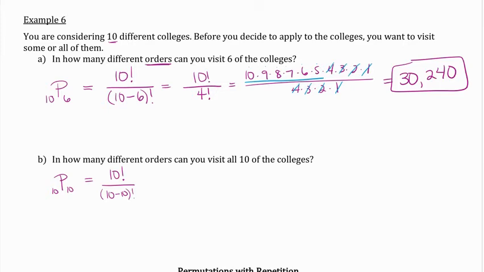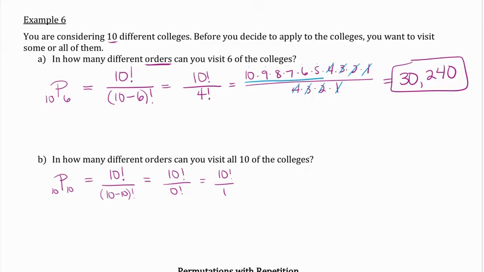Now here's something that's a little bit tricky. That's 10 factorial over 0 factorial. If you put 0 factorial in your calculator, it will show you, but 0 factorial is actually just 1. So we end up with 10 factorial over 1. Okay, so basically the answer here is just 10 factorial.